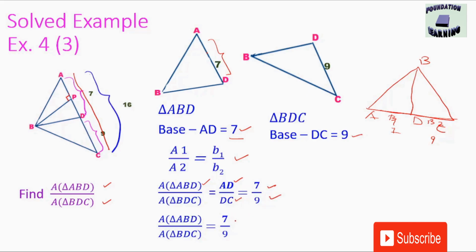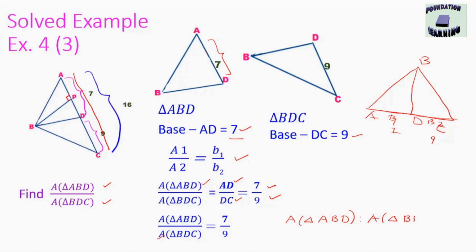So your final answer will be: ratio of area of triangle ABD is to area of triangle BDC is equal to 7 is to 9.